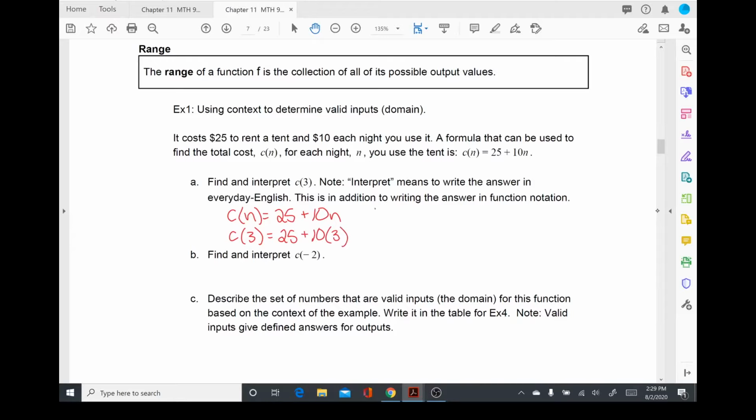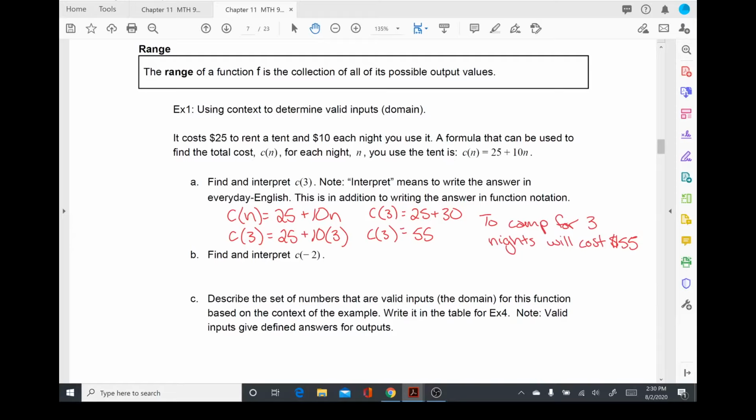And then we will have C of 3 equals 25 plus 30, and we will have C of 3 equals 55. And so that's the answer, but it's not in everyday English. The 3 was the n, and the n was each night, so we camped for 3 nights, and it cost us $55. So I'll write that out.